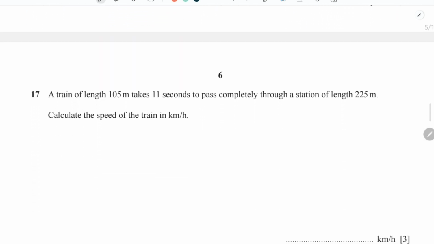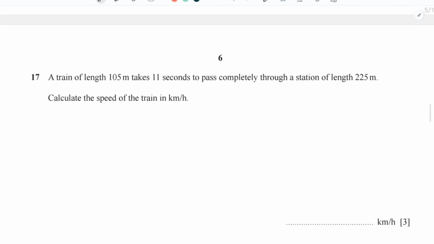After that, we move to question number 17. A train of length 105 meters takes 11 seconds to pass completely through a station of length 225 meters. Calculate the speed of the train in kilometers per hour. So first we add the lengths, 105 and 225. Now we add them together, so we get 330 meters, right? Now we calculate the speed.